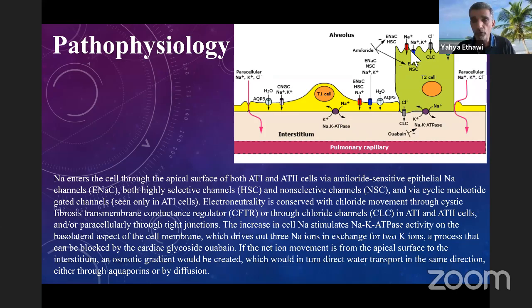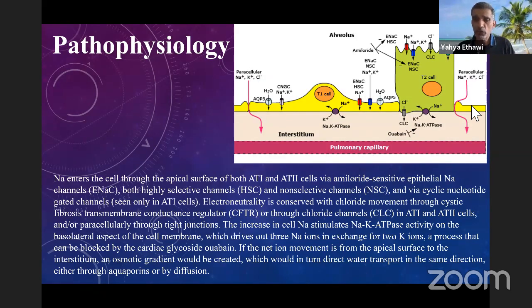They move sodium inside the apical cell from the alveolar space. There are other methods of moving electrolytes called CFTR, or cystic fibrosis transmembrane conductance regulator. This only controls chloride. So the amiloride-sensitive epithelial transport controls sodium, and CFTR controls chloride.